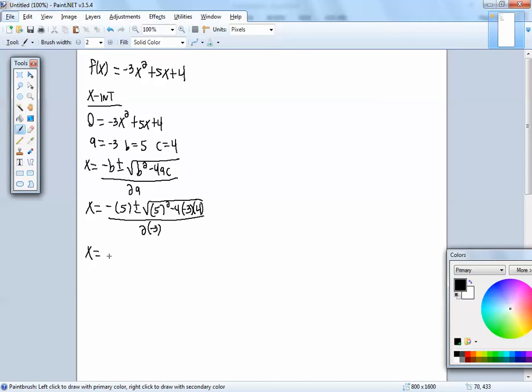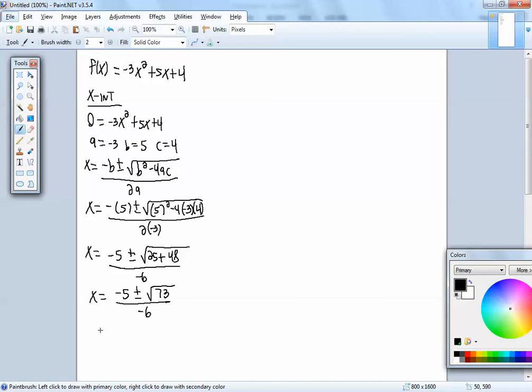So we got x is equal to negative 5 plus or minus 5 squared, which is 25. Negative 4 times negative 3 is 12, times 4 is 48, over negative 6. So it gives us negative 5 plus or minus square root of 73, all over negative 6.